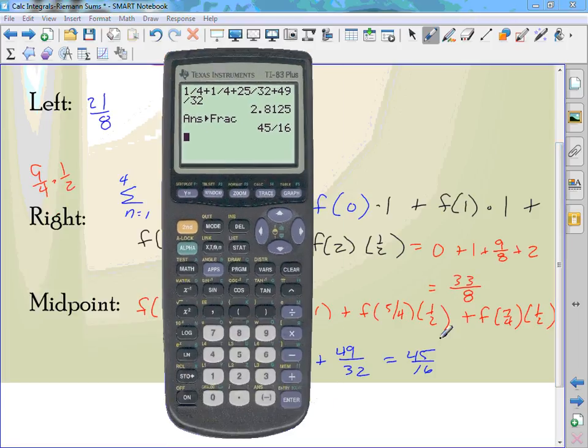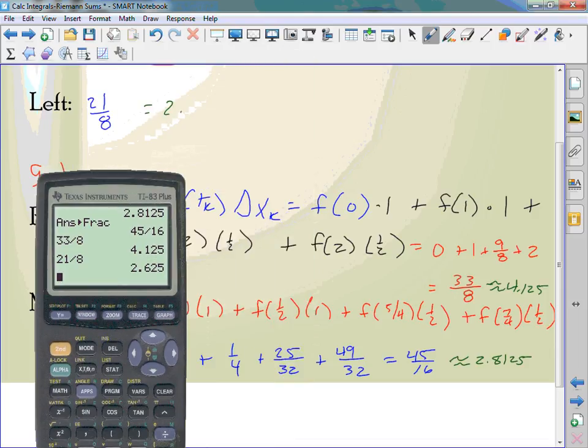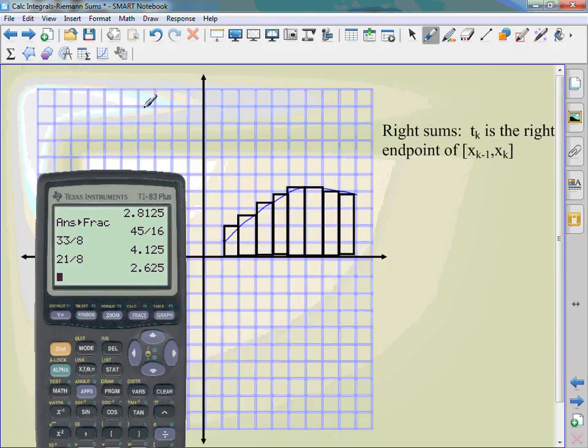Now, this one was approximately 2.8125. 33 divided by 8, this one's about 4.125. And 21 over 8 is 2.625. Which one, looking at it, looks like it's probably the best one?